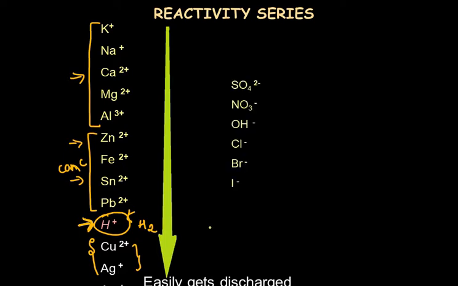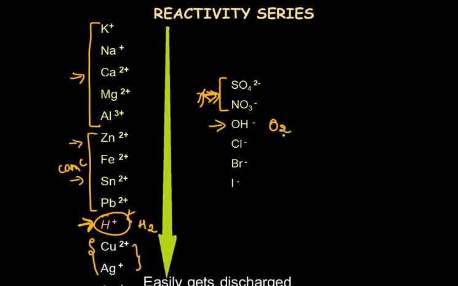A similar system works in the case of anions also. Here are the polyatomic ions. If polyatomic ions are present in the electrolyte, in the aqueous solutions, they will never get discharged, but in preference the hydroxide ion will get discharged, forming oxygen molecules, that is oxygen gas will be formed at the anode.